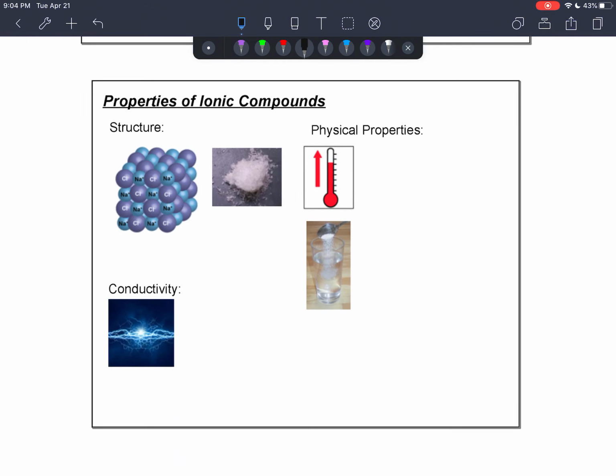So first of all, if I were to look at the structure of an ionic compound, it's going to look like a crystal. And the reason why it looks like a crystal is because the ions form a crystalline structure. A crystalline structure means that there's a repeating pattern.